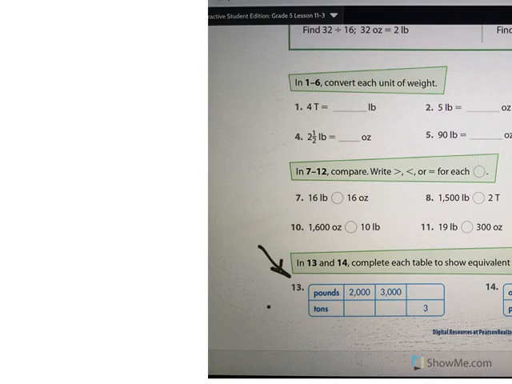I'm just going to move straight to 13 because that one is a really good problem to understand pounds and tons. Now, 1 ton, we know 1 ton equals 2,000 pounds. So let me make that look like a 1 instead of an I. So we could just put that in our chart right here and put a 1.